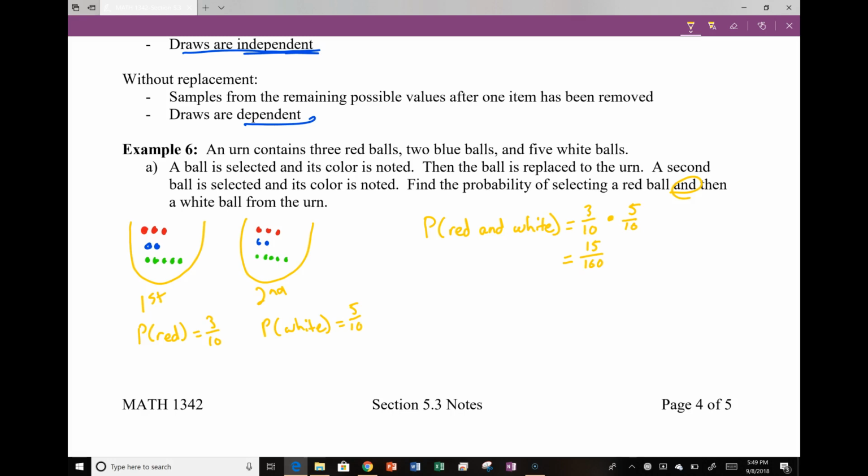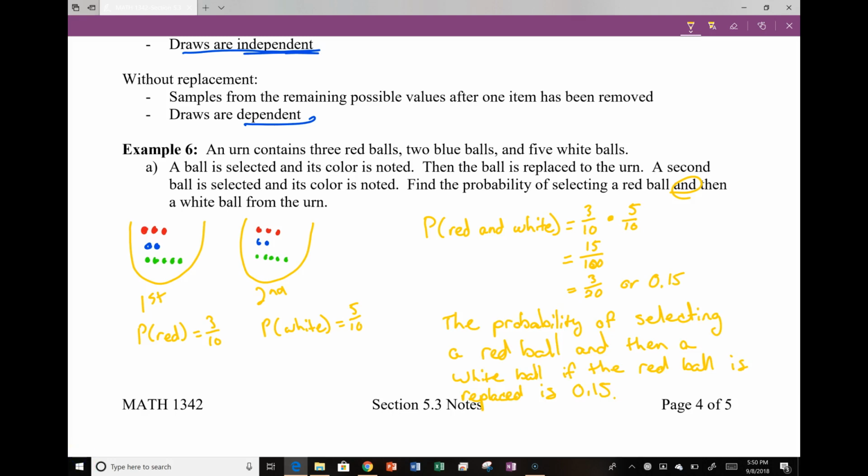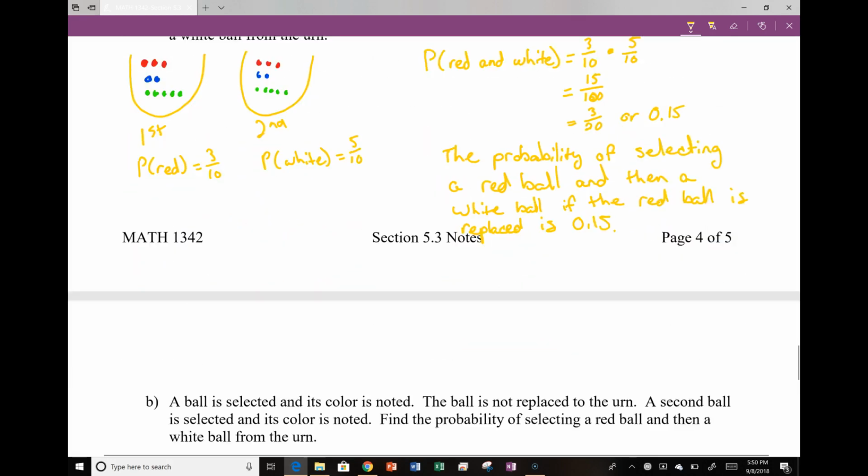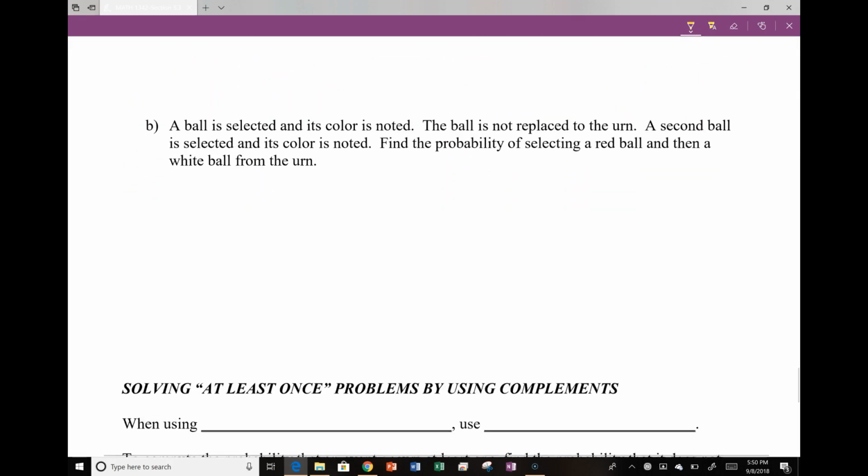If I simplify this, that's going to leave me with 3/20, or if I do my division, that's going to be 0.15. So the probability of selecting a red ball and then a white ball, if the red ball is replaced, is 0.15, or 15/100.